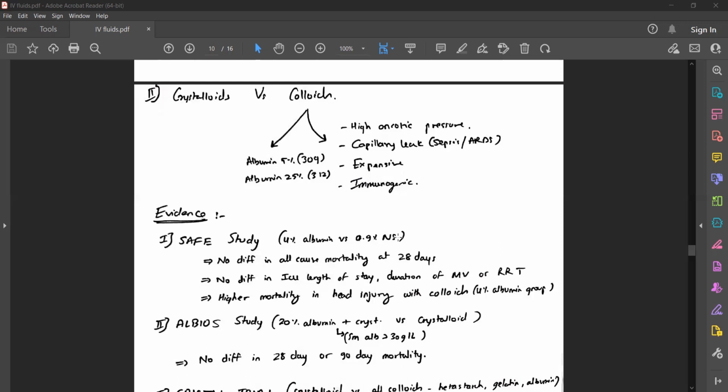Otherwise, there's not much evidence that the use of albumin for resuscitation is better than crystalloids. It is expensive, it is immunogenic, and has high oncotic pressure. So you can stick to crystalloids unless the particular condition requires you to use albumin. Of course, you will not use albumin for maintenance fluids. And all these discussions about crystalloids versus colloids are related to resuscitation fluids.